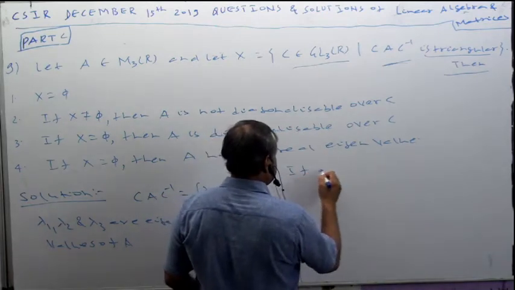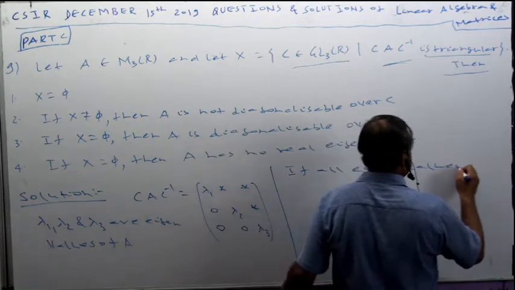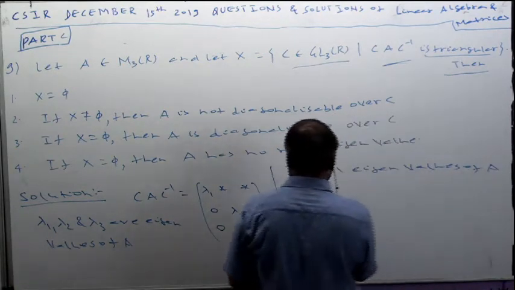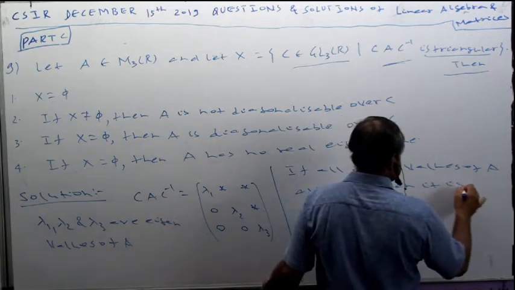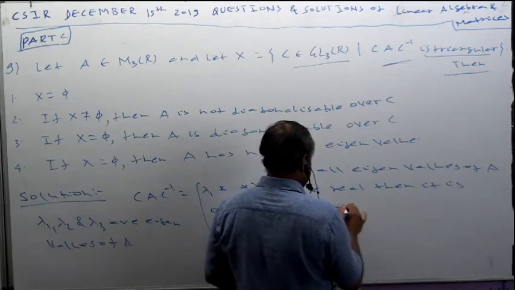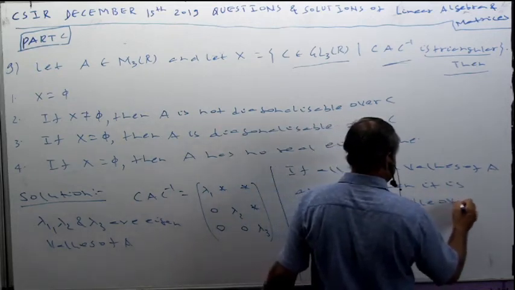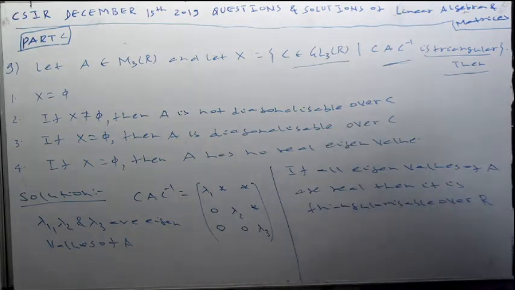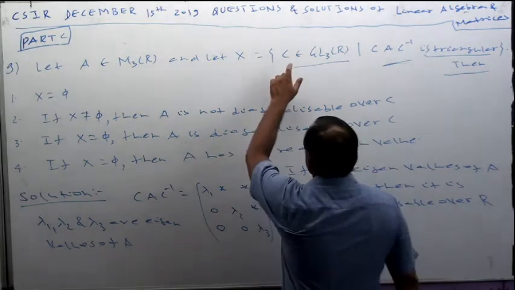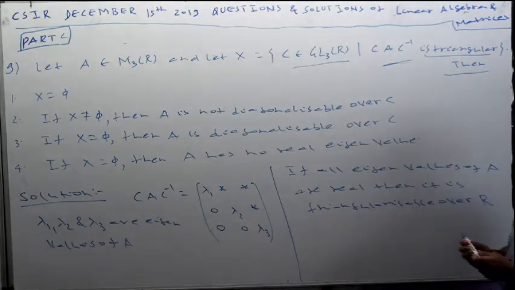If all eigenvalues of A are real, then it is triangularizable over R. And hence there will be existence of a matrix C such that this is going to become a triangular matrix.